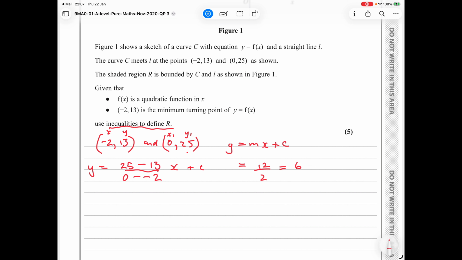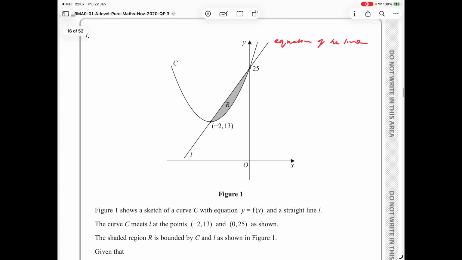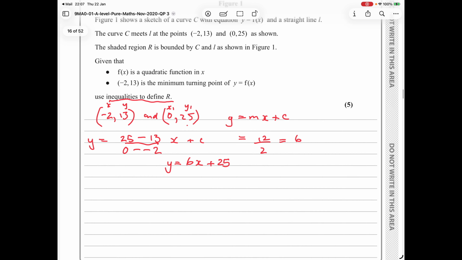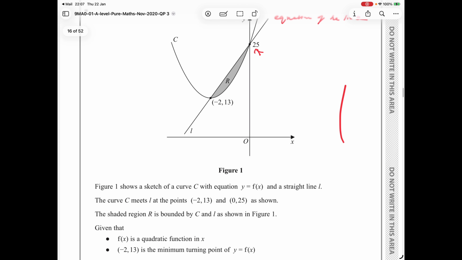And we know where the y coordinate is, because it's at 25. So we literally know the whole thing without having to worry too much about it. It's just y equals 6x plus 25.